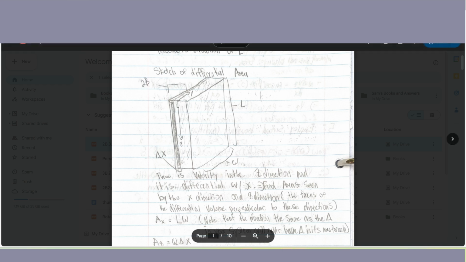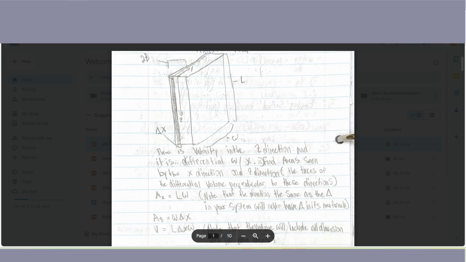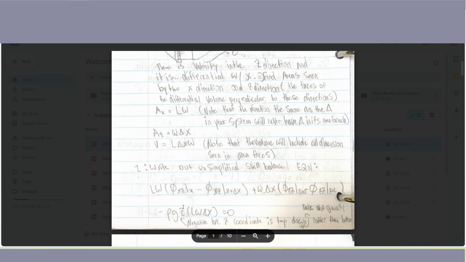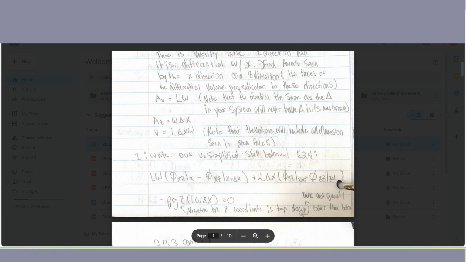If z increased with height, it would be plus rho gz. And by the way, this z is supposed to be a subscript, I just didn't write it that way. So that's why this is negative.